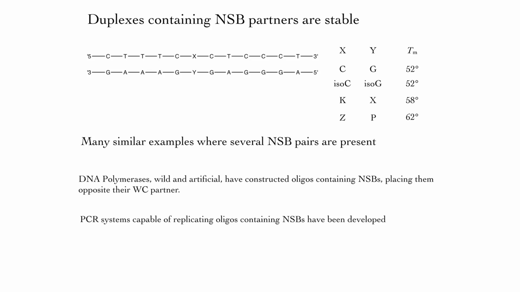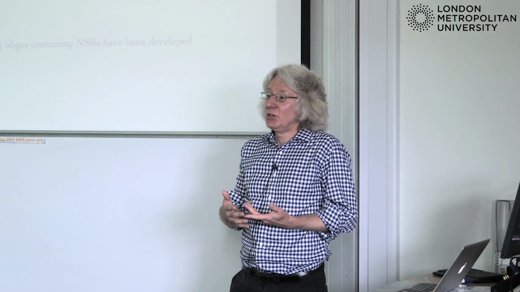And also, PCR systems have been developed that replicate the non-standard bases with the same level of fidelity as they do the naturally occurring AT and CG pairs. So this is a real breakthrough. This is similar to what Philip Holliger was doing with his sugars. Stephen Benner has done it with the bases.